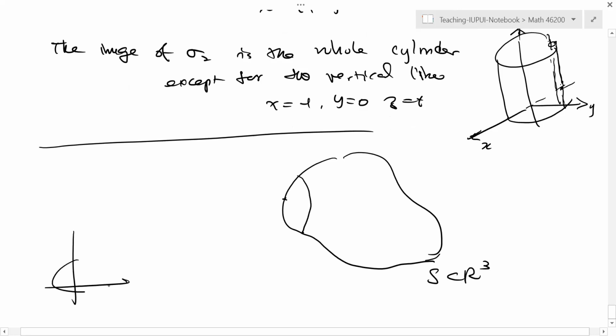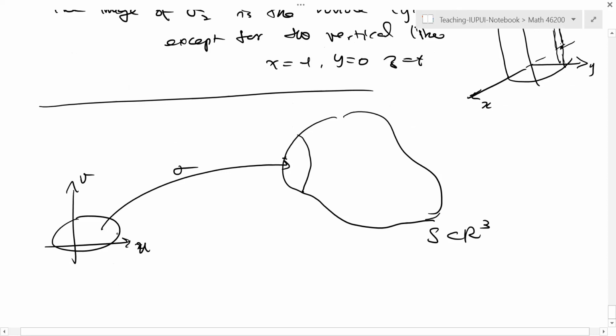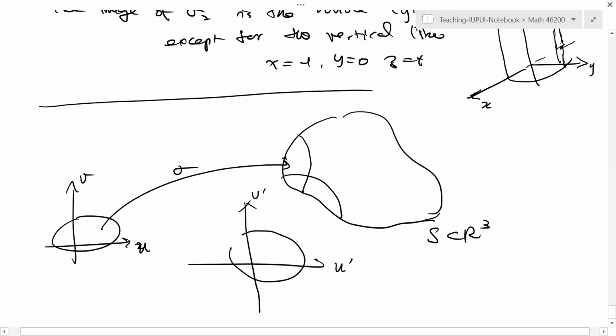This is X, with U and V, so that covers this region sigma. Then I have another patch, with U prime, V prime.